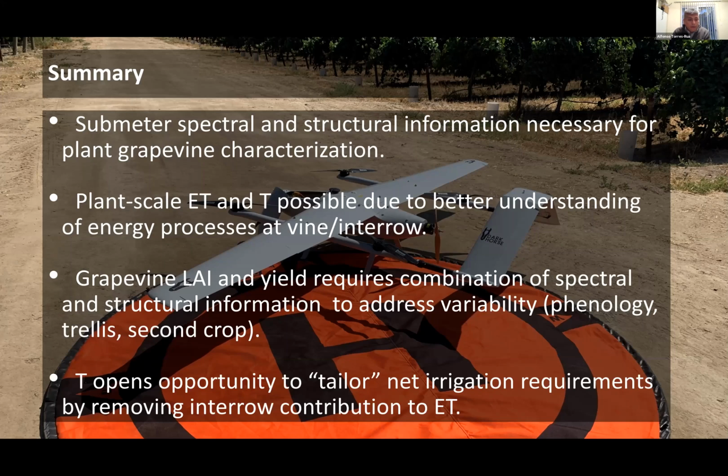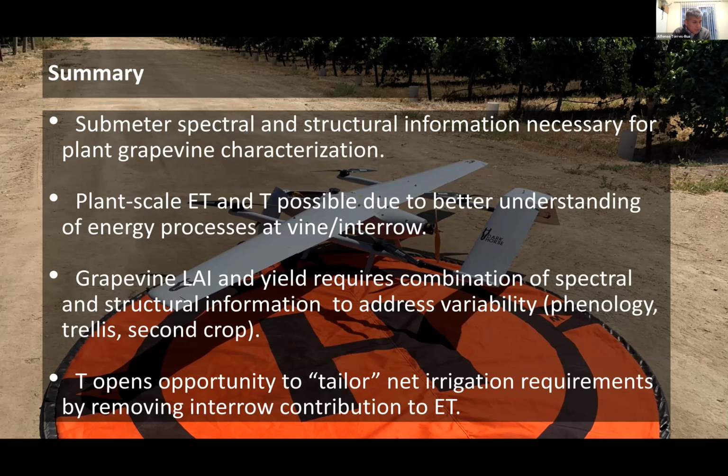So we are very confident in the model being used for commercial or practical applications, although we need to make an additional effort on the partition or the estimation of transpiration. And for that, an additional effort to estimate LAI adequately and characterize better the separation of soil or interrow and vine water fluxes is going to be necessary.